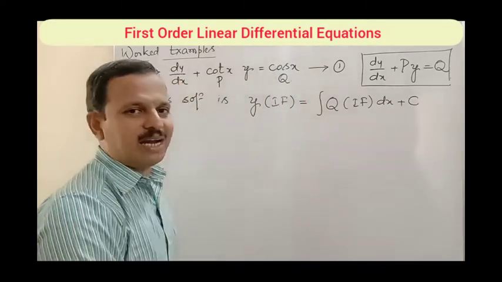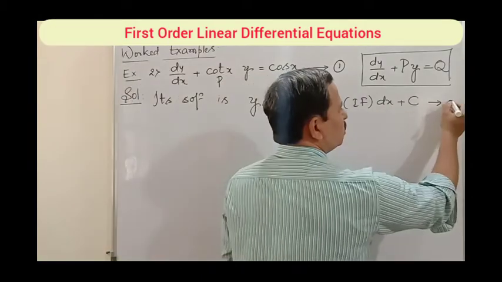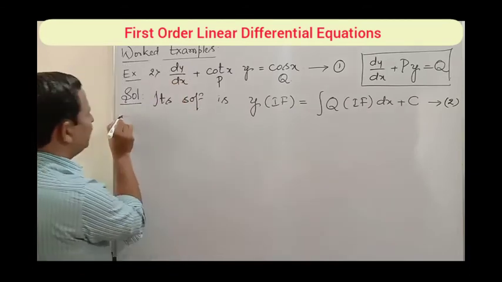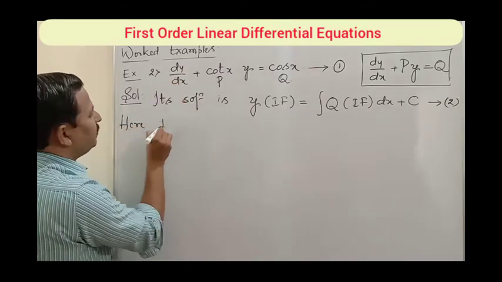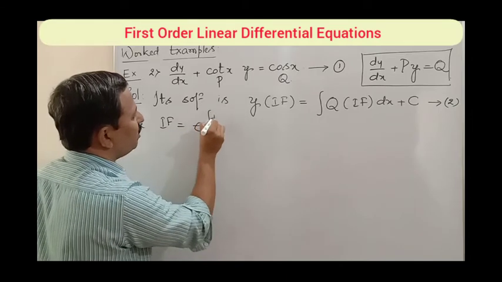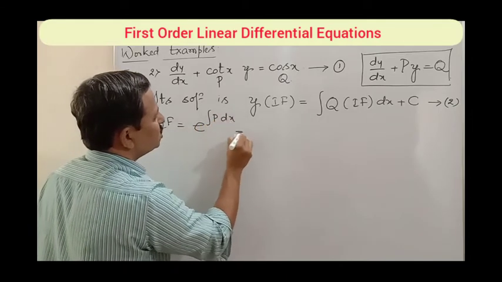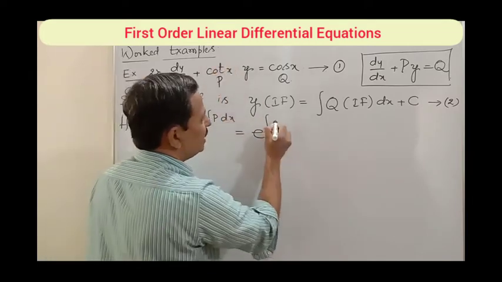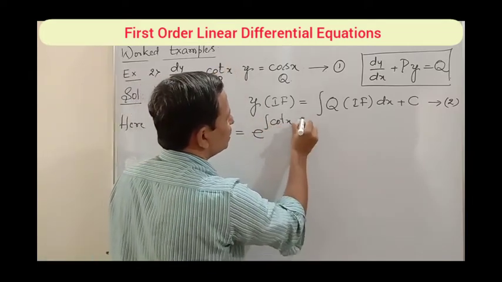We are using it directly. Let us call it equation number 2. Now our duty here is to find what the IF is. Here the IF, that is the integrating factor, is equal to e to the power integration of P with respect to x. So it is e to the power integration of, what is P in this case? It is cot x dx.